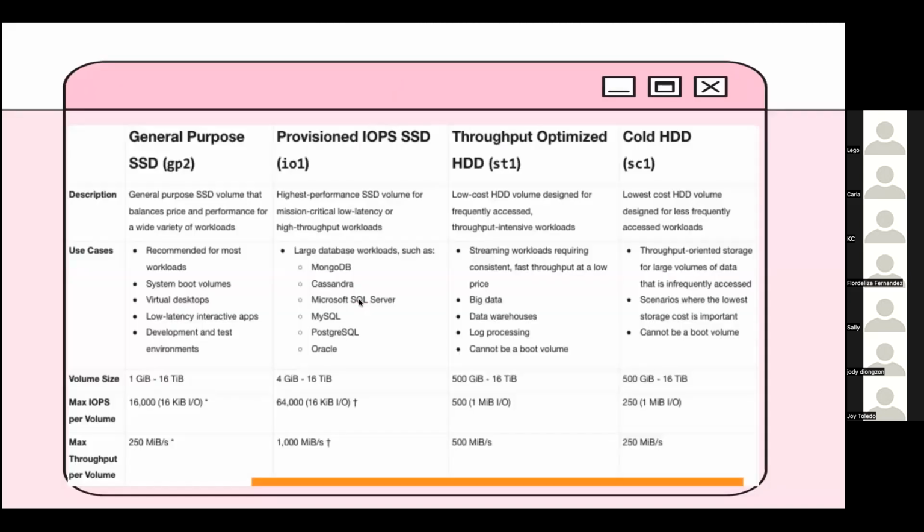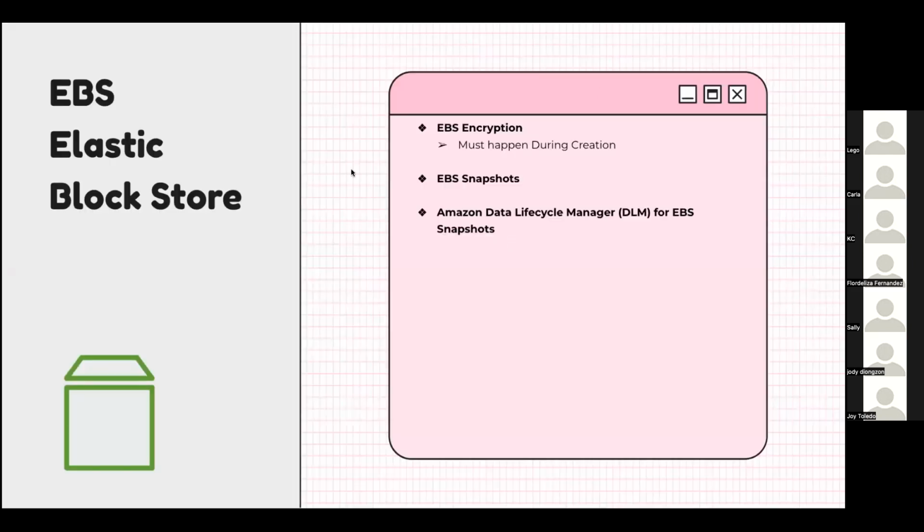Right. Okay, so again, just a comparison or review from our Cloud Practitioner of the use cases when using these different types of EBS. Okay. Additional knowledge, just in case, to refresh: EBS encryption must happen during creation. So you cannot decide after it's been created, hey, I want to encrypt this.